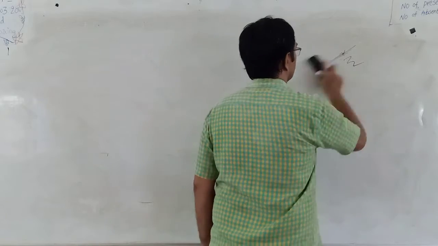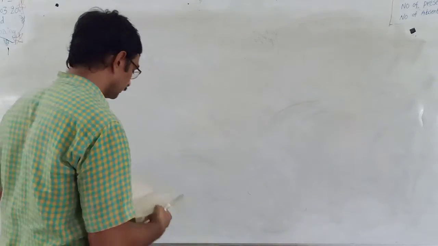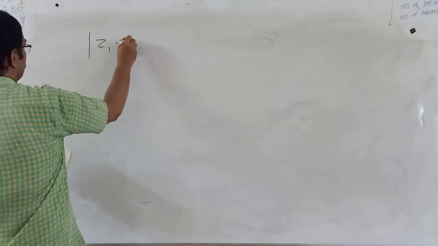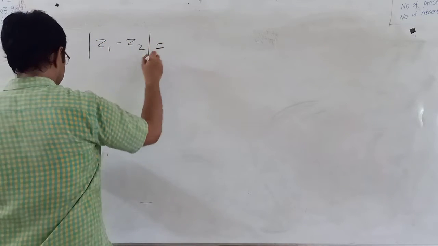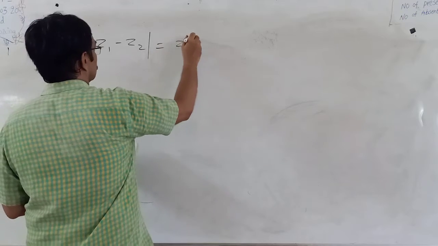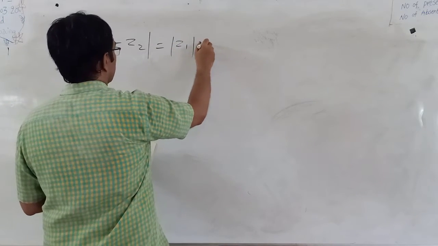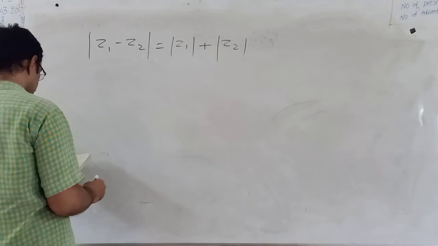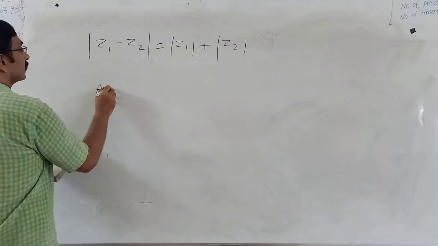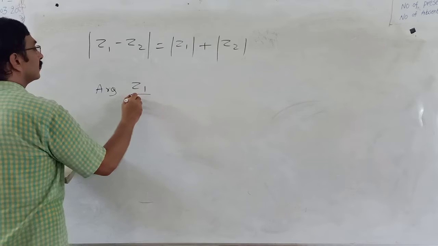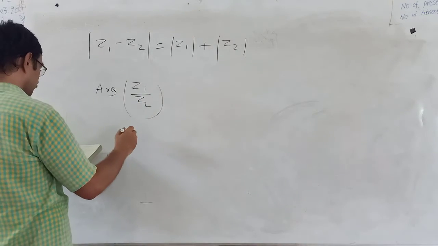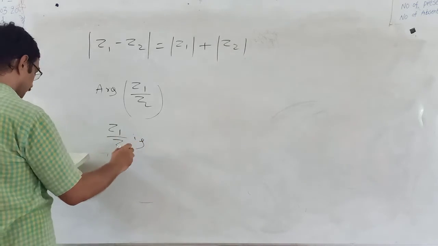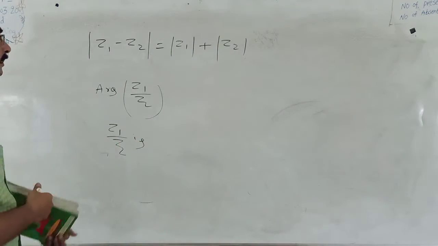Next property. Modulus of Z1 minus Z2 equal to modulus of Z1 plus modulus of Z2. Then argument of Z1 by Z2 and Z1 by Z2 are what?